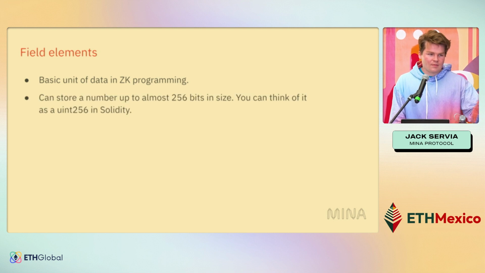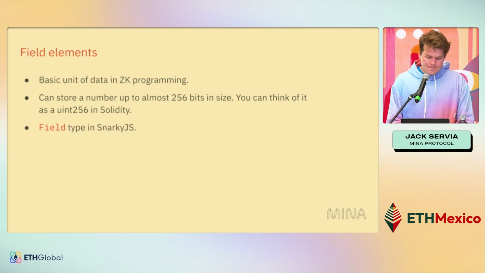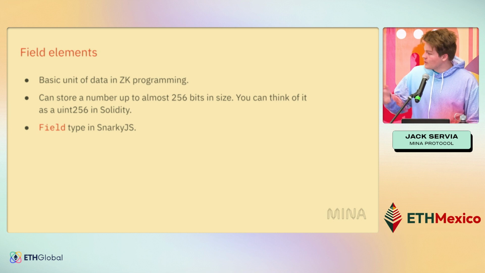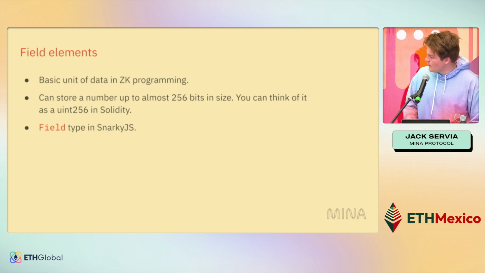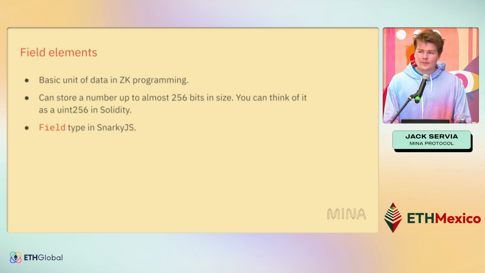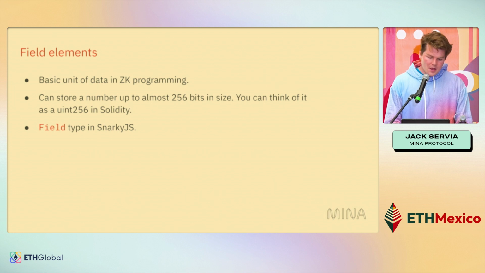You have natural numbers from 0 to a number that's almost the same as the max for uint 256. So this type is represented as something called Field in SnarkyJS, and you can work with it directly. There are some reasons why you might want to. It's very efficient to work with it directly because ultimately this is what everything turns into in the math problem.